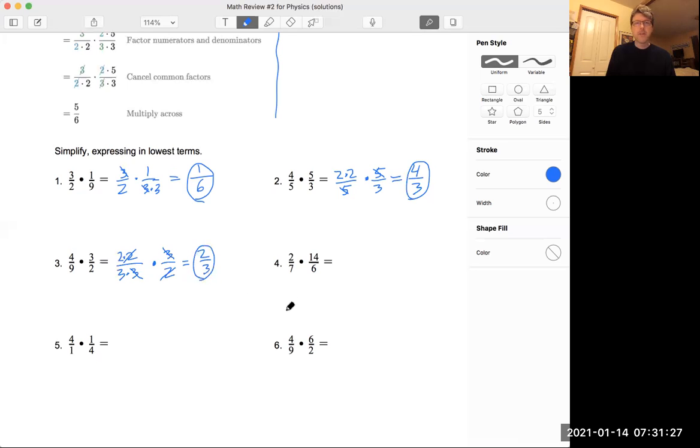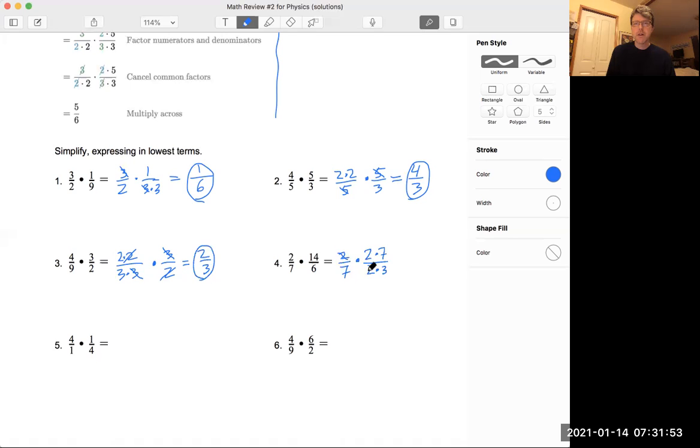All right, now let's do the next one. 2/7 here, can't reduce any of those. But 14 could be 2 times 7. And 6 could be 2 times 3. Okay, let's look for common factors to cancel out.